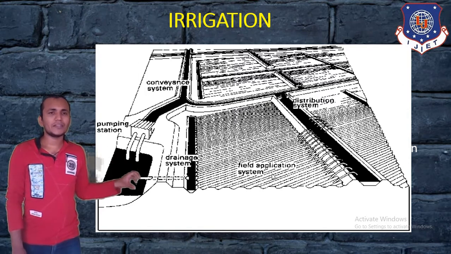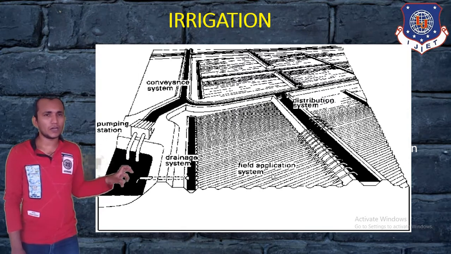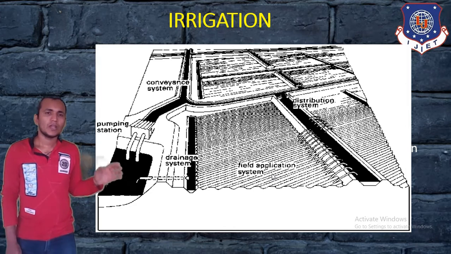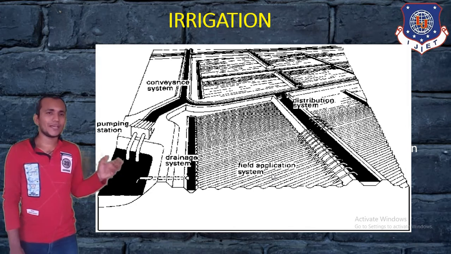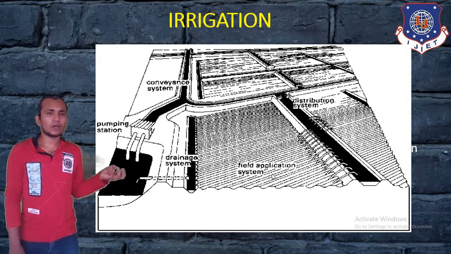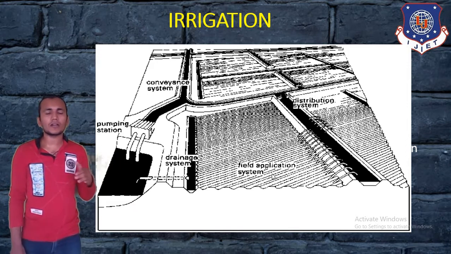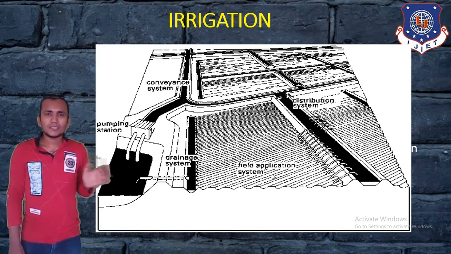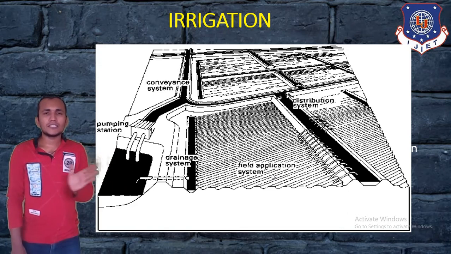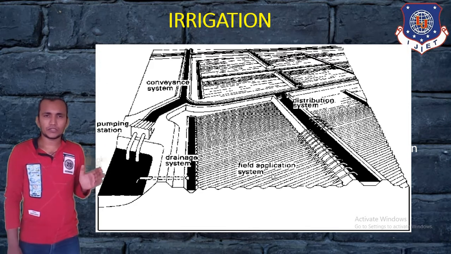The main intake system means a river or reservoir. Then we pump the water by using a motor or pump, like a centrifugal pump. By using the pumping station, it can be distributed or conveyed to the different conveyance systems. Then by using this conveyance system, the water is distributed to different field application systems.